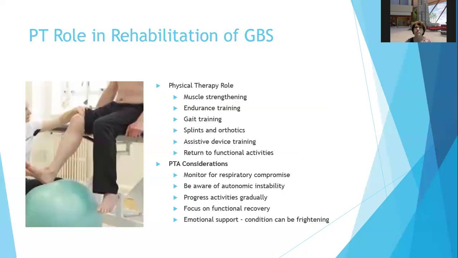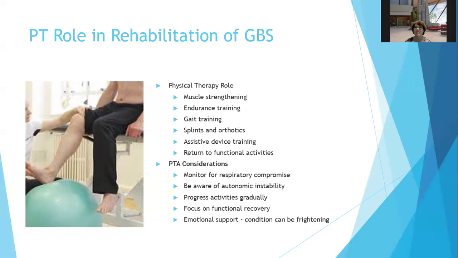So we're going to do muscle strengthening, endurance training, gait training, splints and orthotics, assistive device training, and help return to functional activities. All the stuff we're good at, right? Especially if you're working in acute care, you want to monitor for respiratory compromise. In outpatient, they're usually past that, but you still want to monitor that. You want to be aware of autonomic instability.